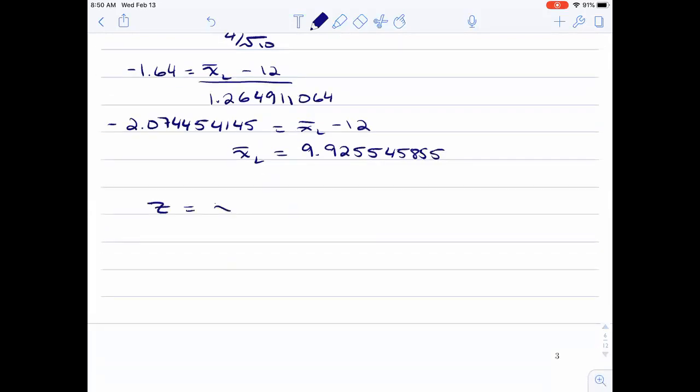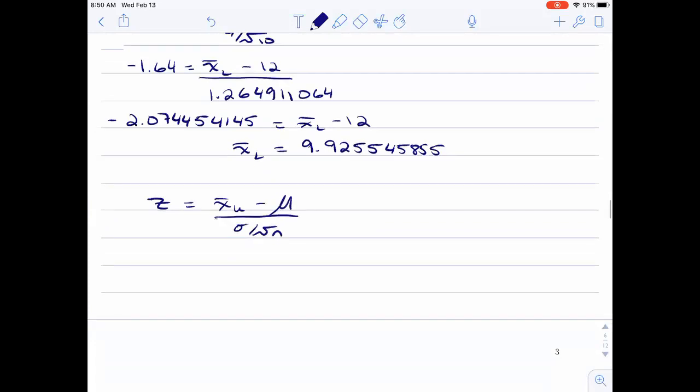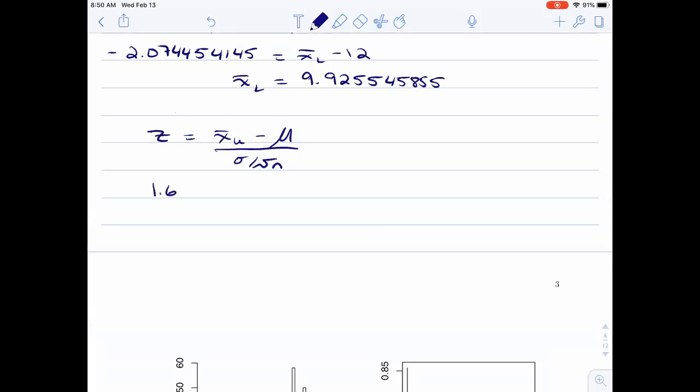Doing the same thing for X bar upper. X bar upper minus mu over sigma over root n. 1.64 is X bar upper minus 12 over 4 over root 10.